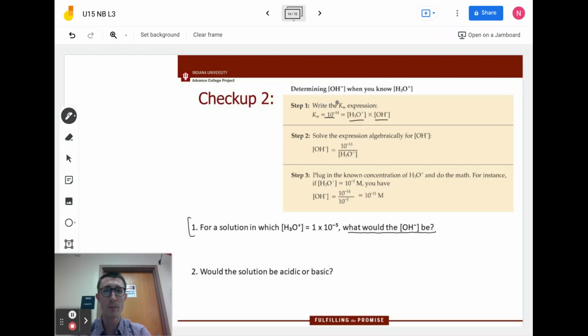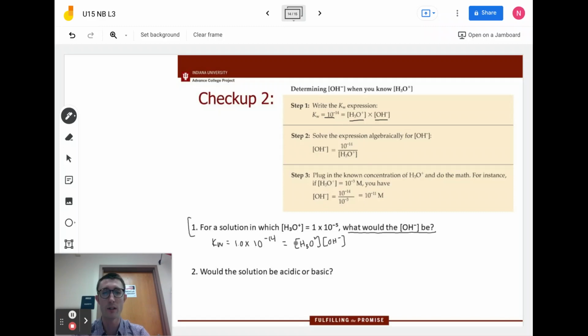So first step is to write the Kw expression. So Kw equals 1.0 times 10 to the negative 14th, which is equal to H3O plus concentration times OH minus concentration. Okay, then we solve for OH minus.